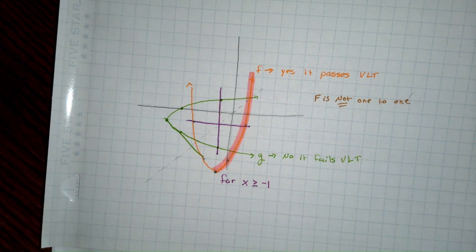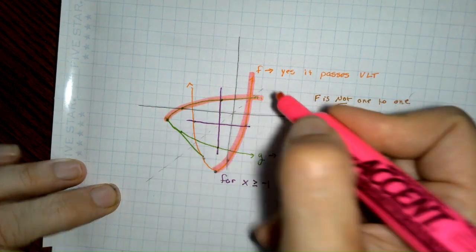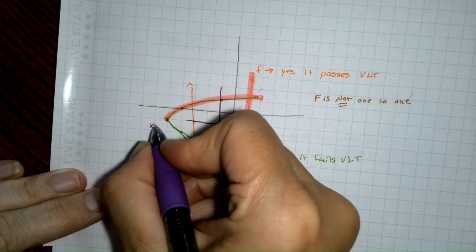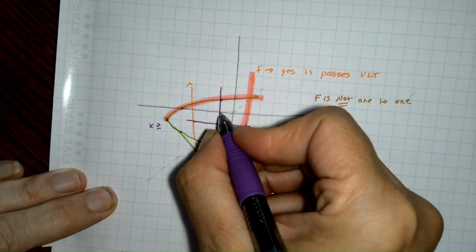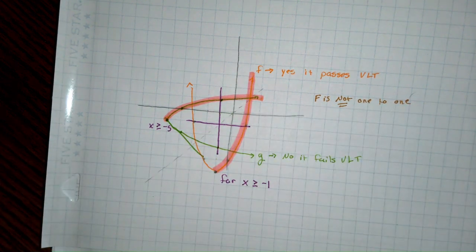Which then means when I reflect it, I'm only using this part. And now, this is for x greater than or equal to -5. So we only use half the parabola, and now we've created a restriction so that where before it was not an invertible function, now it is an invertible function because we just got rid of half the picture.